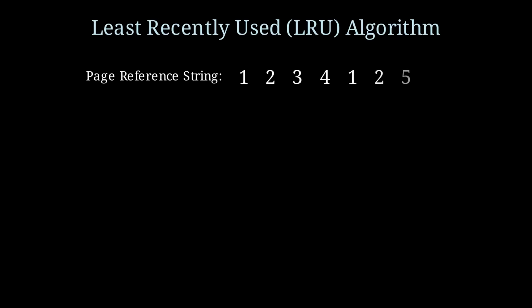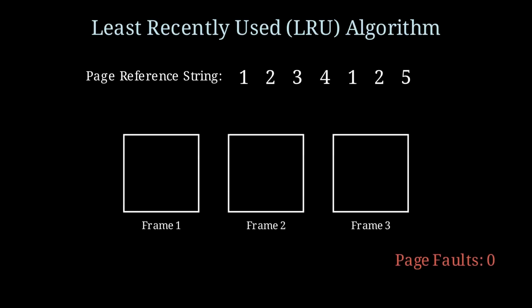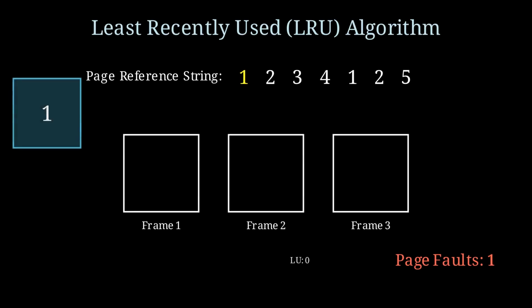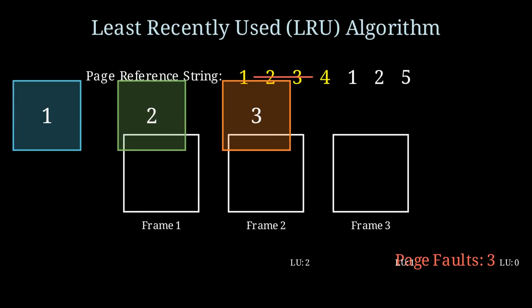Let us demonstrate LRU with the same page reference string 1, 2, 3, 4, 1, 2, 5, and 3 page frames. Pages 1, 2, and 3 enter. When page 4 arrives, page 1 is the least recently used, so it is replaced.